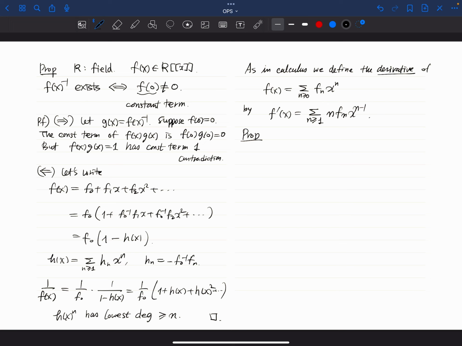So, proposition: we have the usual differentiation rules like (f(x)g(x)) prime equals f prime(x) g(x) plus f(x) g prime(x), the product rule, and the quotient rule hold as formal power series.